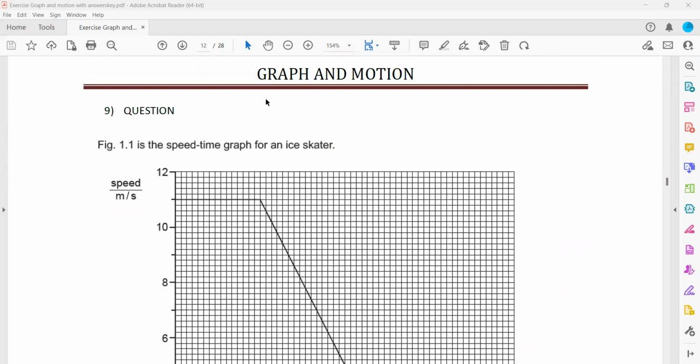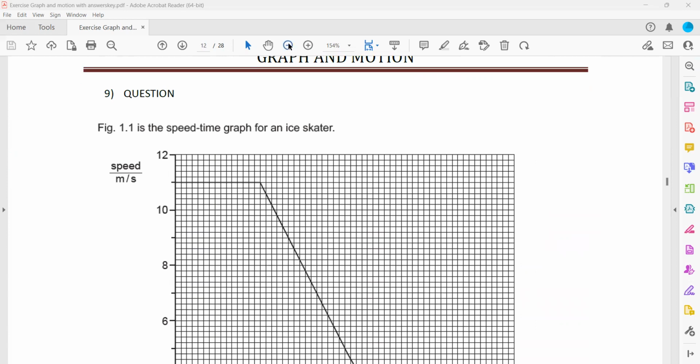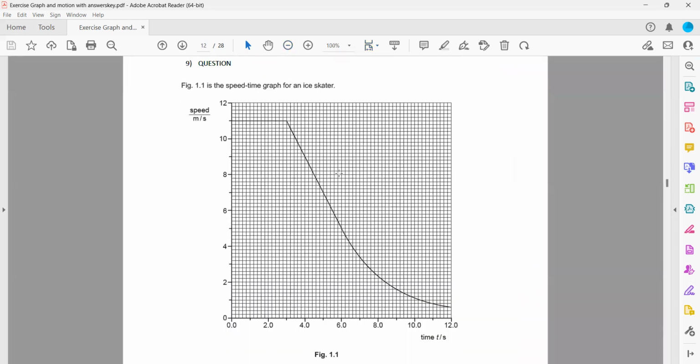Question 9, figure 1.1 is a speed time graph. So look, for a speed time graph, there are different shapes of the graph depending on the condition.